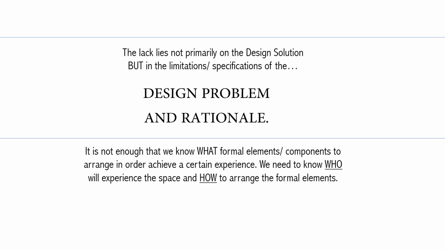That's helpful for minor plate number 2, because again, we want to identify the physical elements and we want to be aware how arranging them will create an effect or an influence on the space. It's time now to move to the next level, and that's to know who will experience the space and how to actually arrange them, so that even if you do not have Google and you do not have Pinterest and Pixabay and ArchDaily and all of these books, you will still be able to create a design.